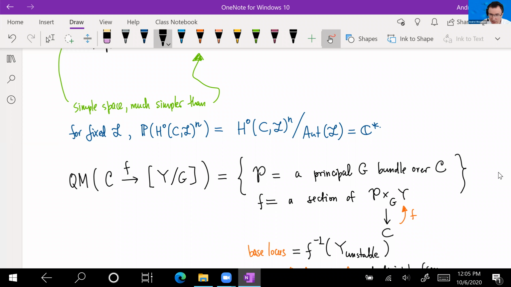So that would be some vector space, and you have to remove the zero in that vector space, because the zero is where all of them vanish identically, and then we have to mod out by the automorphisms of my line, and we also get a projective space. So I see. To summarize, if my domain is projective line, then the space of stable quasimaps from projective line to projective space is some bigger projective space. Okay. Thank you.